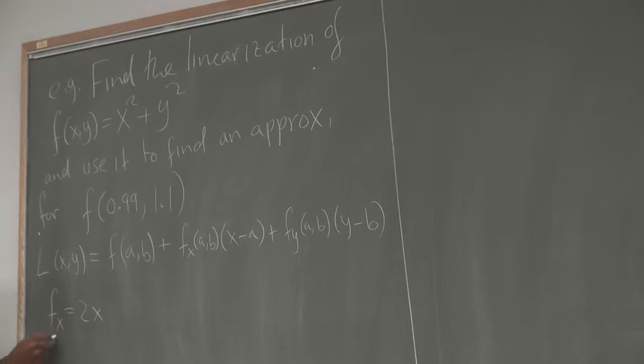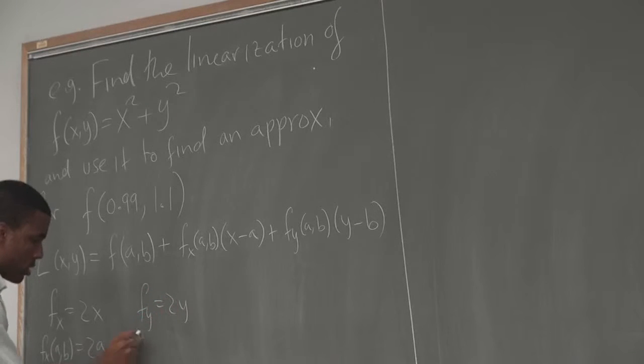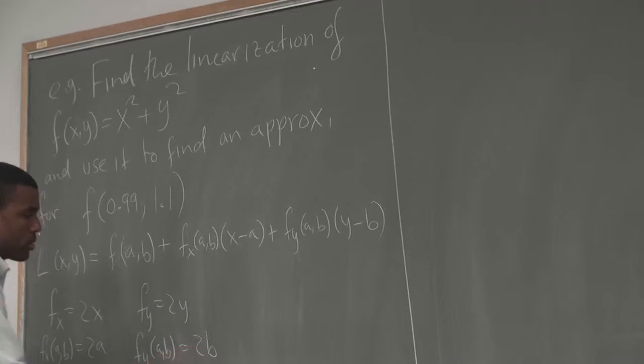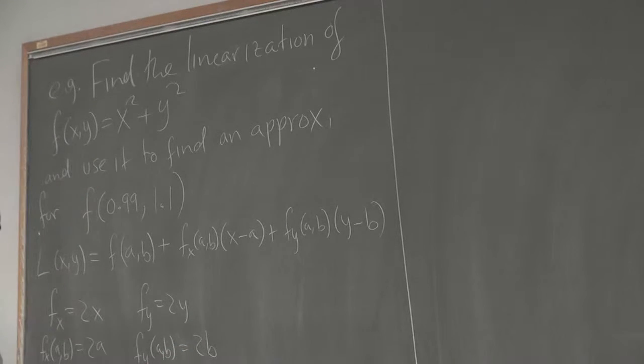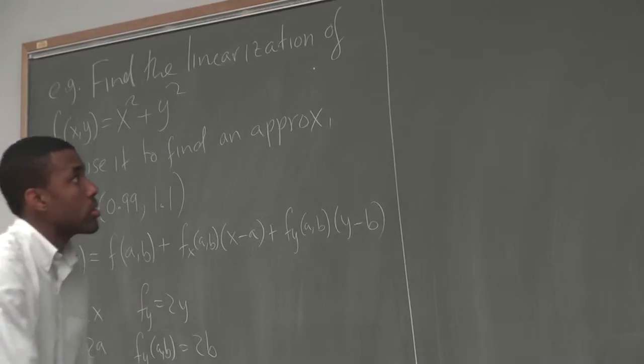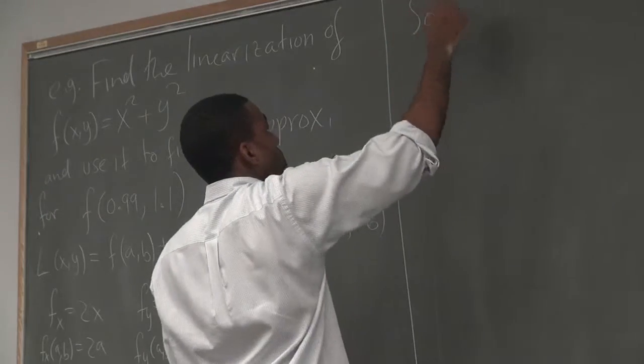This means fx at (a, b) is just 2a. fy we know is 2y, so fy at (a, b) is just 2b. f(a, b) is just a squared plus b squared.